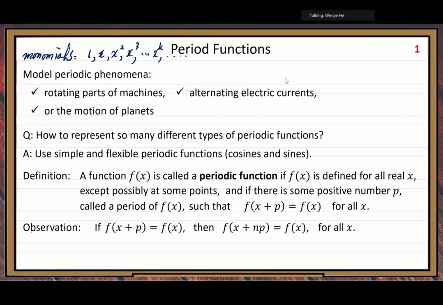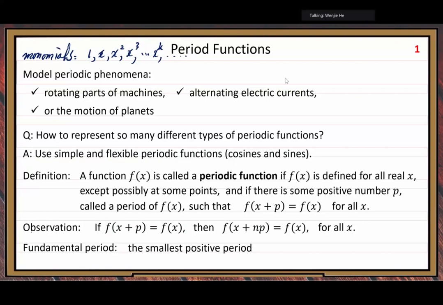Then, because we want to define the concept of period, what's the period of this periodic function? To define period, we don't want to call n p a period, right? 100p, 57p, we don't want to call a multiple of p a period. So we need a concept called the fundamental period: the smallest possible period, the smallest positive period.